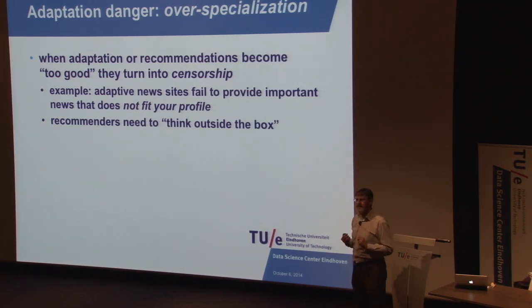The problem, of course, is that it can only learn what you are interested in through examples of what the system has. Right? You cannot tell the system you are interested in something the system doesn't offer.